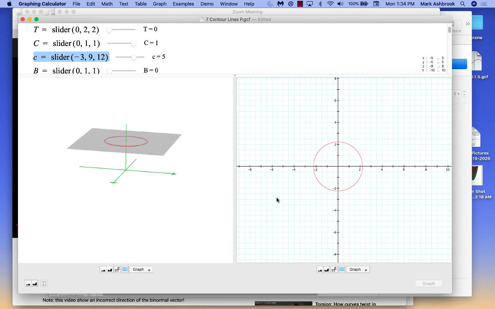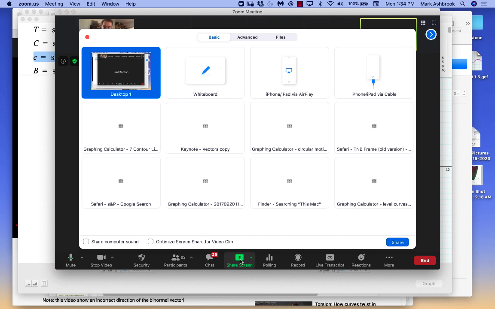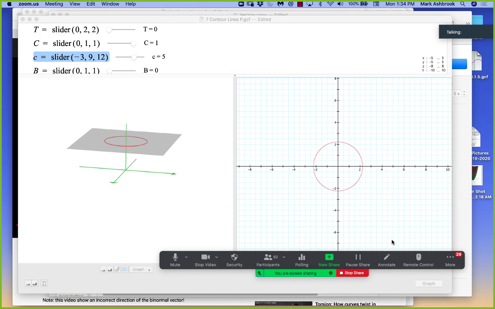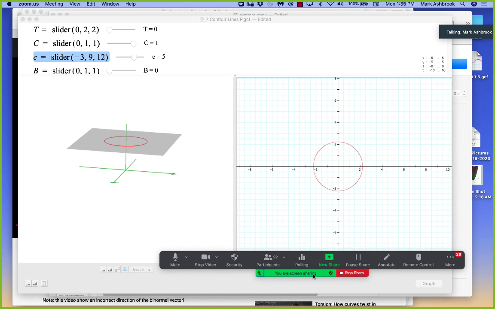Okay. Forgot to reset my file there, so let's see. Okay, so am I sharing again? Here we go.